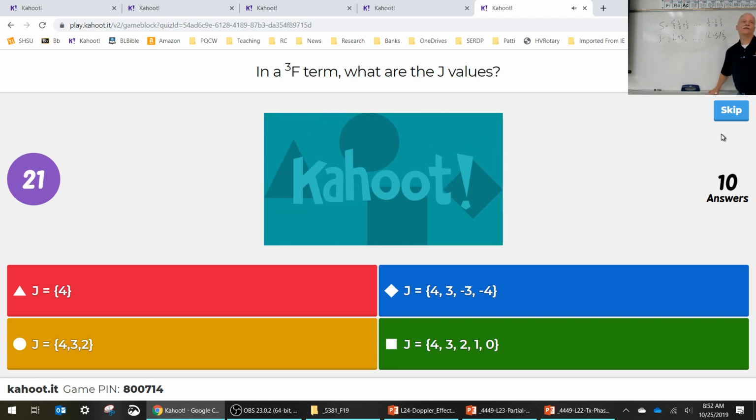What is S for a triplet? What is L for an F term? S, P, D, F. You got 3.